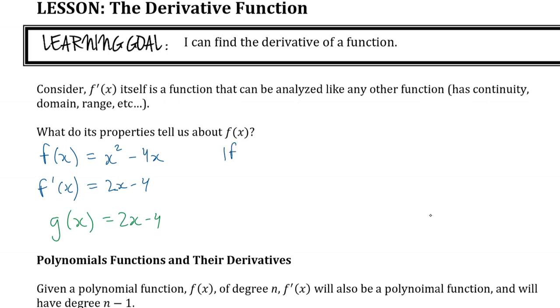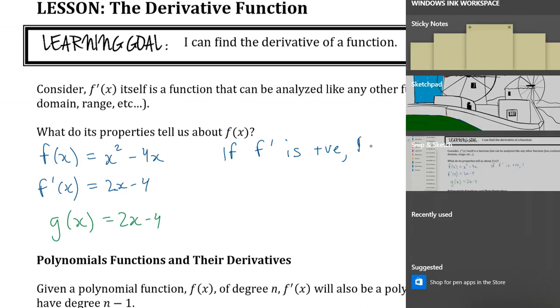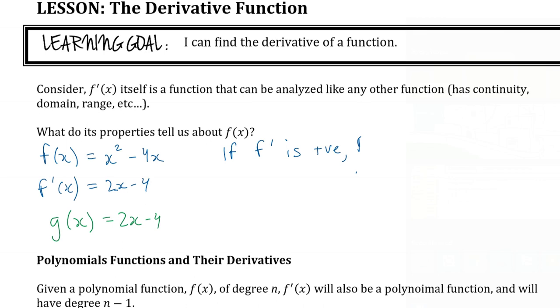If f prime is positive, f is increasing.